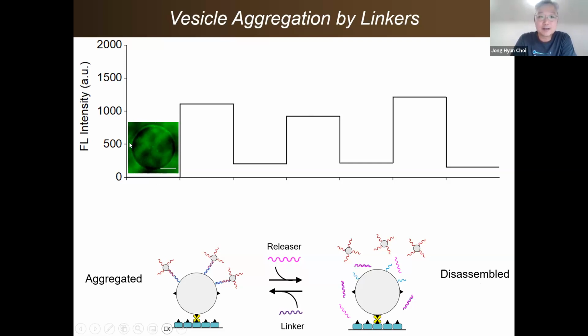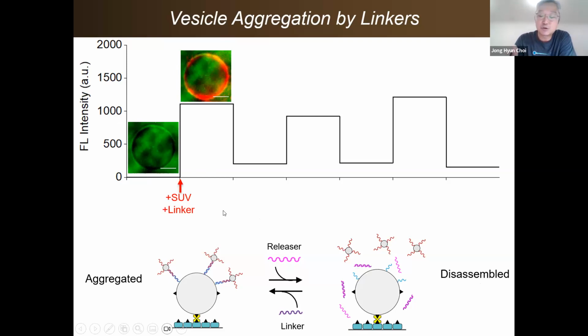As you see, this is pseudo-colored giant vesicles under the microscope, and only the small vesicles have the fluorescence probes, not the giant vesicles.